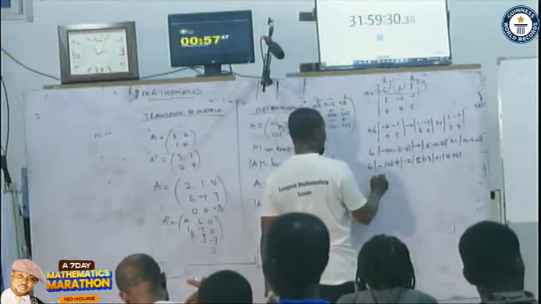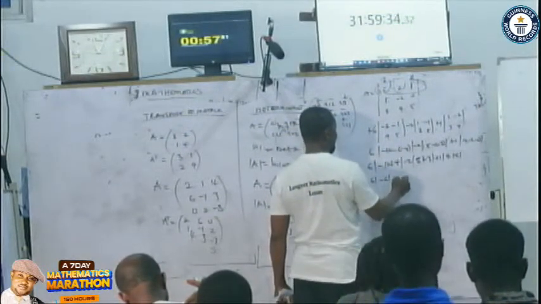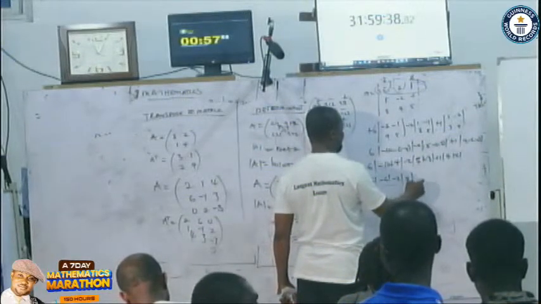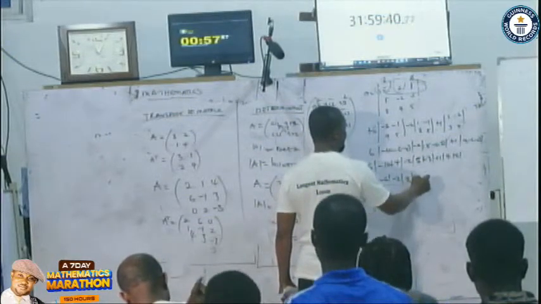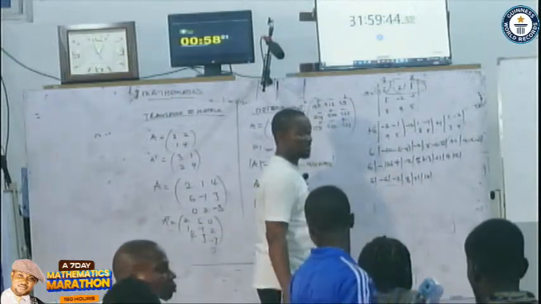So that will be 6 minus 4 minus 10 is minus 6. Minus 2 into 5 plus 3 is 8. Plus 1 into 4 plus 6 is what? 10, when you multiply.